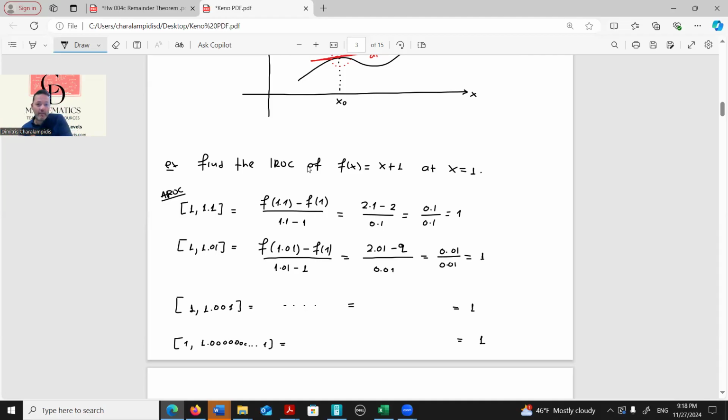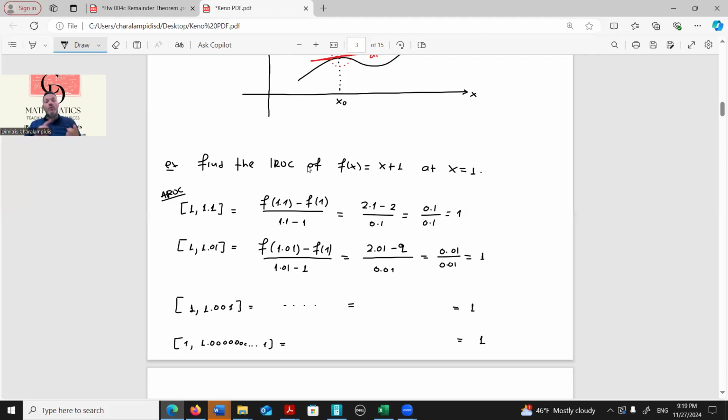That certain number would be the one that we call the instantaneous rate of change. That's all. Keep in mind that everything around calculus is created on that key idea: the idea of calculating the instantaneous rate of change of a function at a certain point.